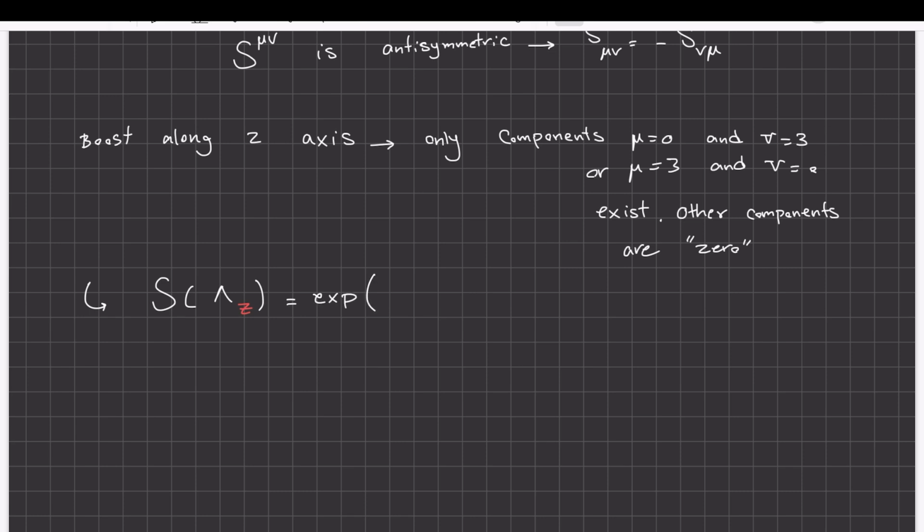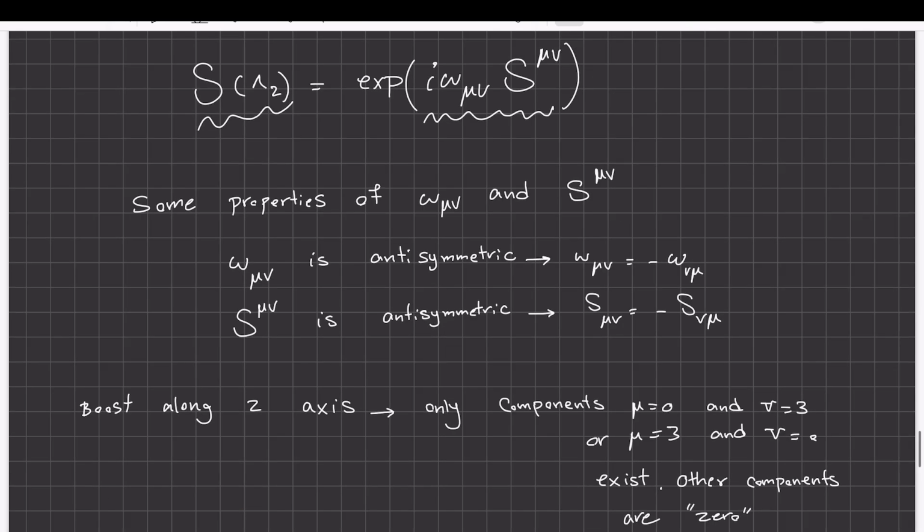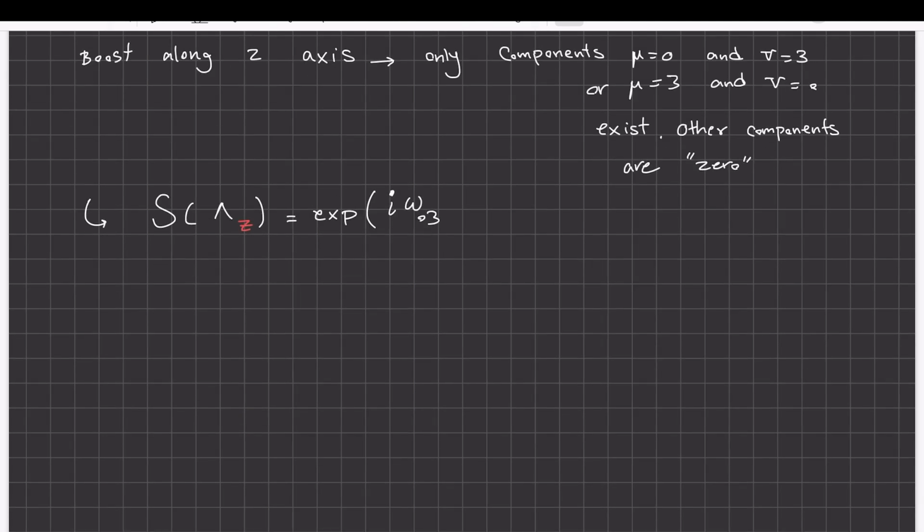exponential of i omega mu nu. So instead of omega mu nu, I'm just writing down omega 03 S03 plus i omega 30 S30. So we have these two terms inside of the exponential, and I have this i factor here.